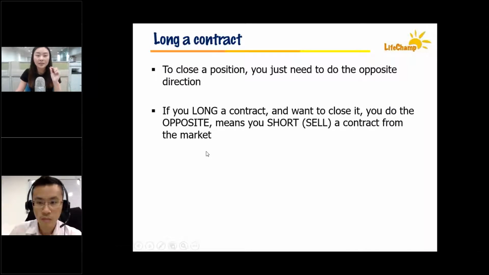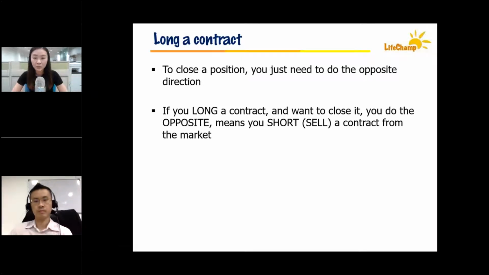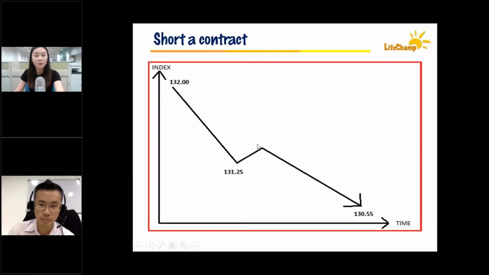So this is a very important concept. To close a position, we always do the opposite direction. If I just said that we go long a contract, then to close the position, you need to do the opposite side. That means to close a position, you need to sell the contract in the market, which means offsetting the position. If you are shorting a contract, you are profiting from the reducing price.